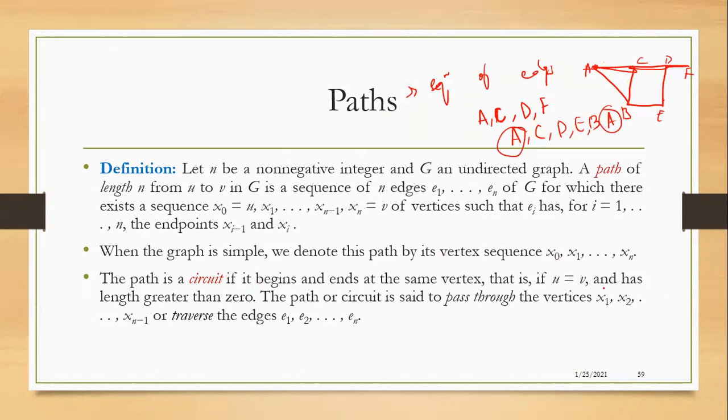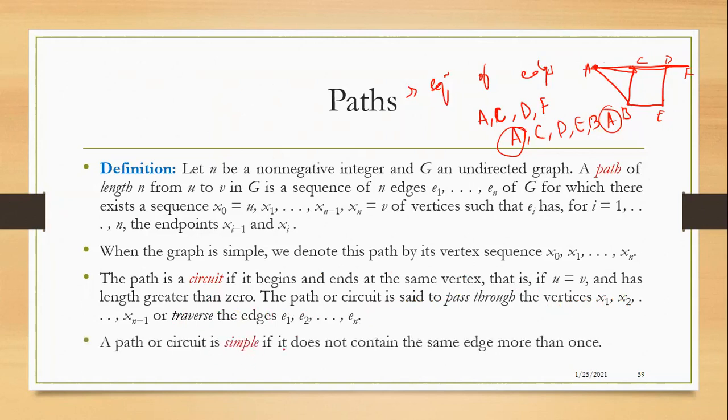That is, if u is equal to v and the length is greater than 0, the path or circuit is said to pass through the vertices x1, x2, up to xn minus 1, or traverse the edges e1, e2 and so on up to en.